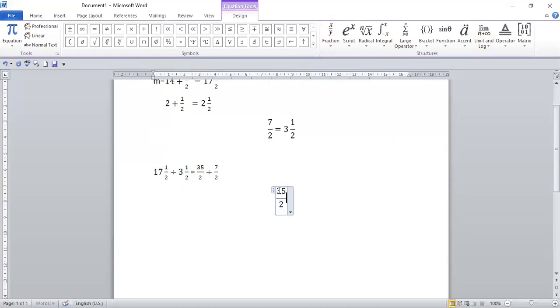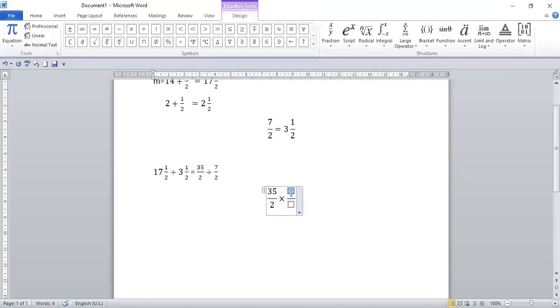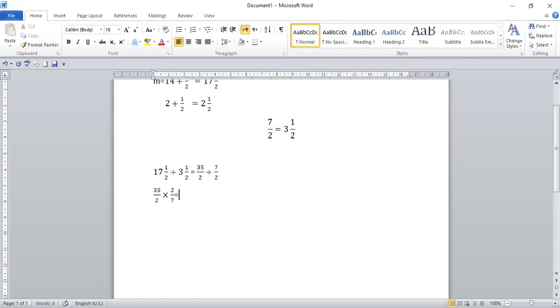The divide will change to multiply, and 7 over 2 will become 2 over 7. Now simply you can cancel them. 2 and 2 will go away, right? And 35 you can cancel with 7, so that will give you a 5. Which means 17 and a half divided by 3 and a half is going to give you 5. Or if you want to do the other way, 2 35s are 70, 7 2s are 14, so 70 divided by 14 will also give you 5.